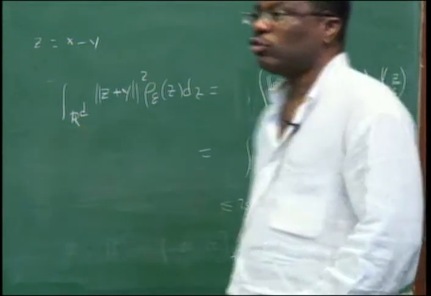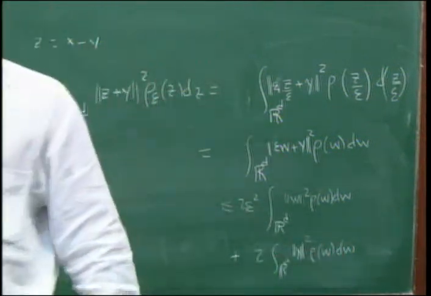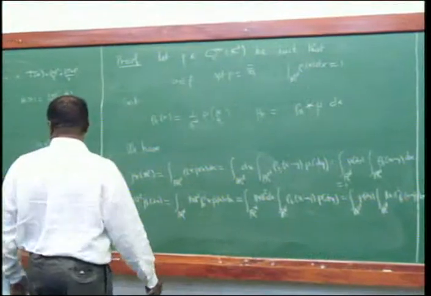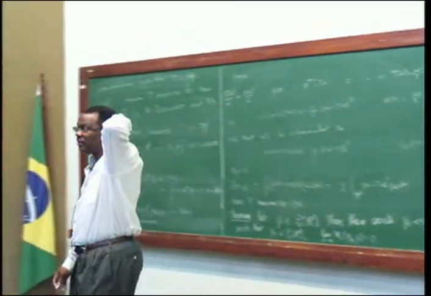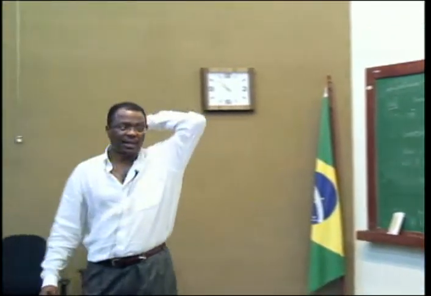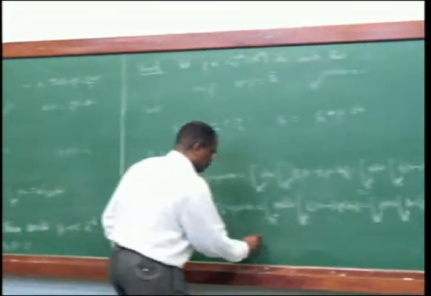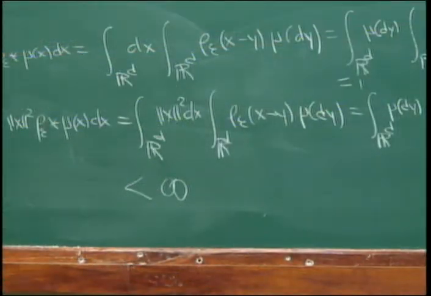But I can take y squared out, and I get the integral of rho of w, which is 1. So what I have here is epsilon squared by a constant plus y squared. Since mu has its second moment bounded, this thing is finite. And so I have that the second moment of mu epsilon is less than infinity.